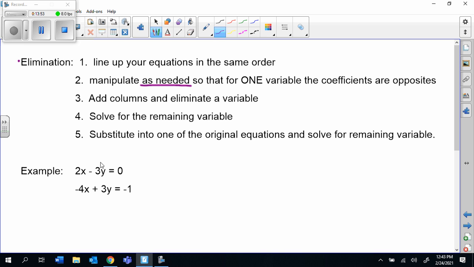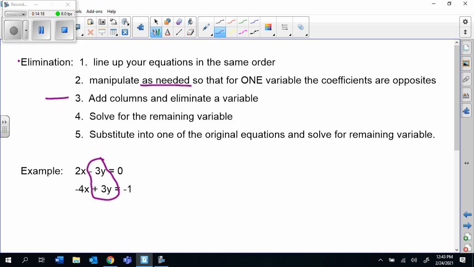In this first example, I've got a negative 3 and a positive 3. So I obviously started our examples with an easier type of problem to show you, and so there's nothing to manipulate. I already manipulated it. All right.